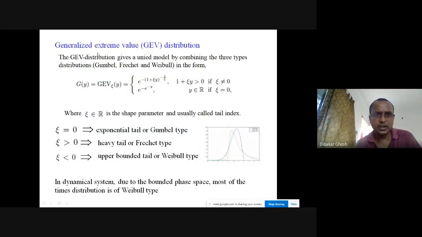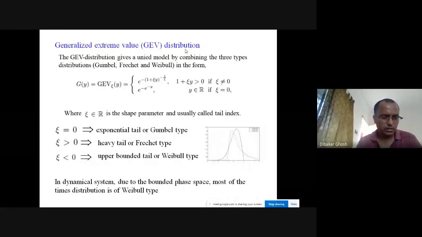If we collect the extremes from this block maxima method, the statistics of these extremes converge to the generalized extreme value distribution. The generalized extreme value distribution combines three types of distribution, Gumbel, Fréchet, and Weibull, in this form.